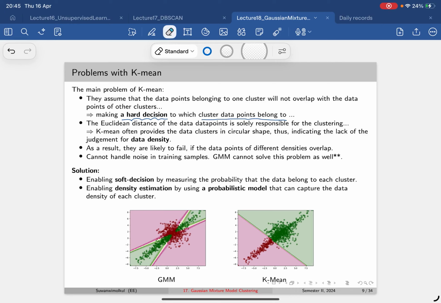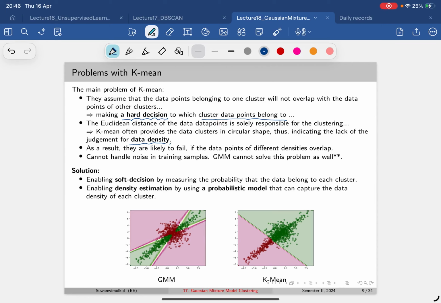For K-means, it's a hard assignment. Second, K-means often does the clustering without considering data density. Gaussian Mixture Model solves this problem by clustering based on data density, and also provides the result as a probability. So it fixes the first and the second problems.